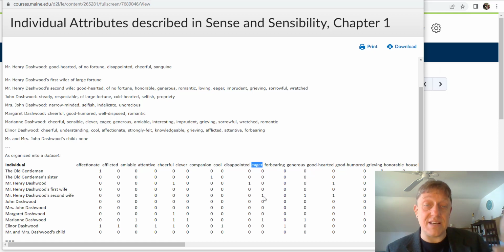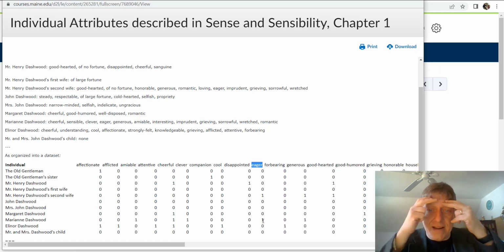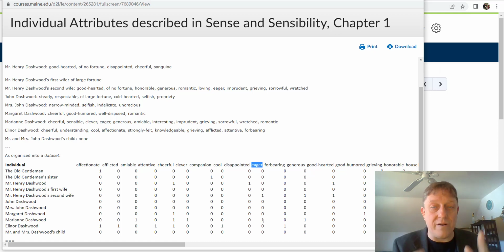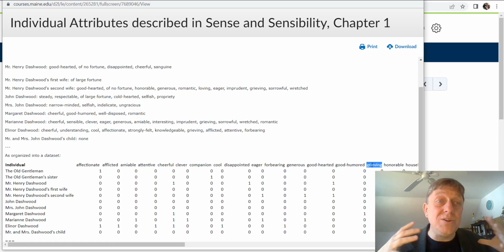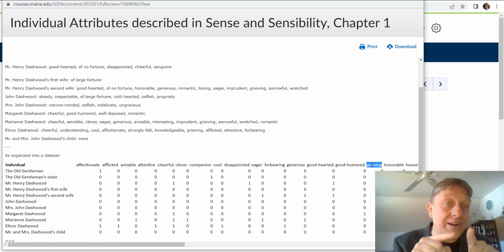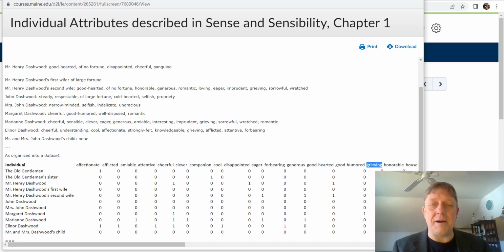Mr. Henry Dashwood's second wife and her child, Marianne Dashwood. So there's something that those two have in common. And as a matter of fact, they have more than one of those things in common, right? So both are described as generous. Both are described as grieving. And Eleanor gets included in there too.